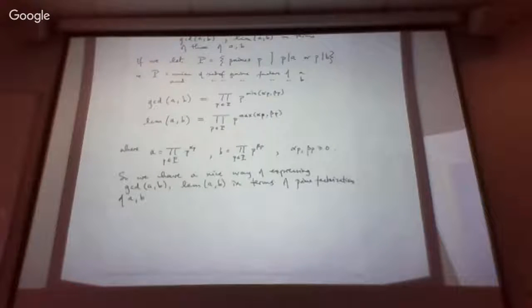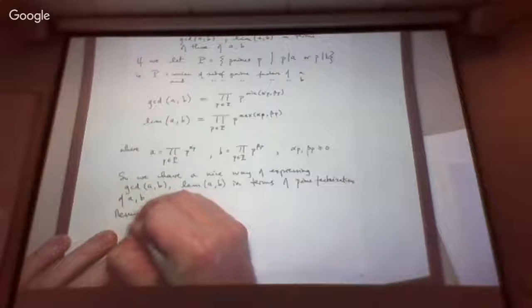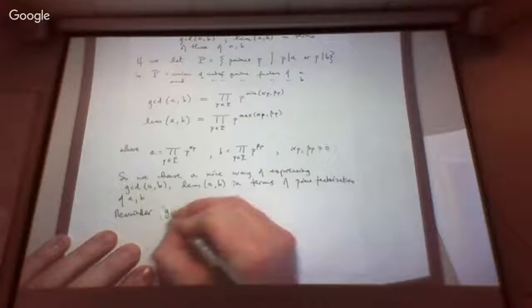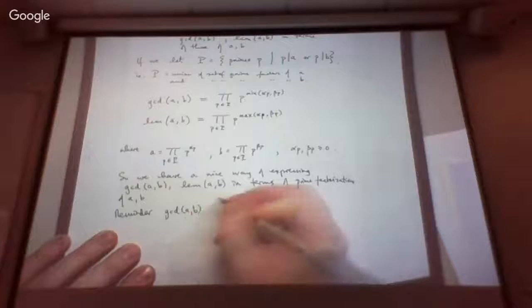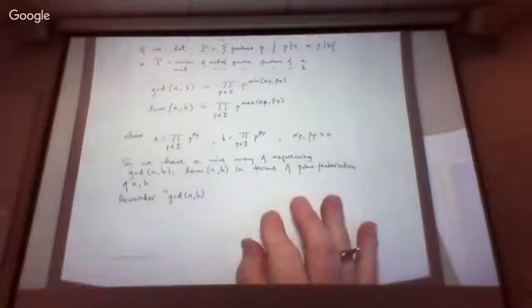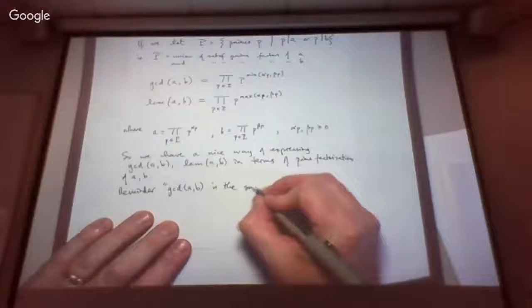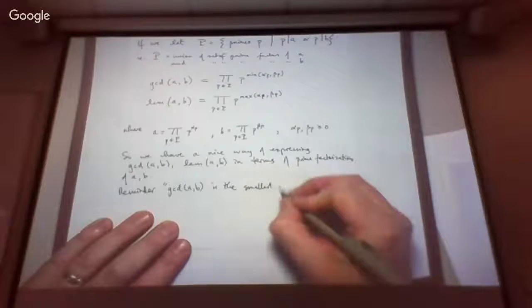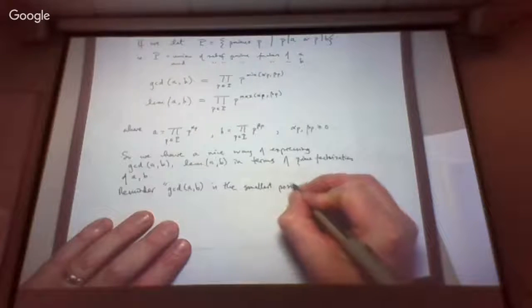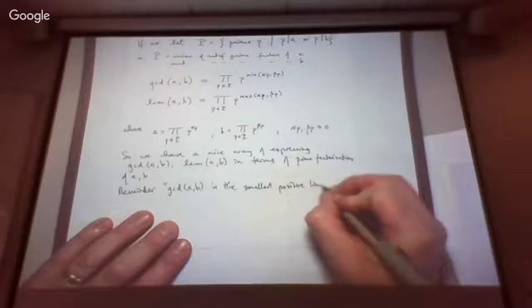But we also have the other way. A reminder, GCD(a,b), this is the other characterization that you should have to hand, is the smallest positive linear combination of a and b.